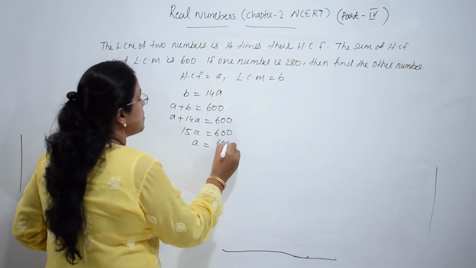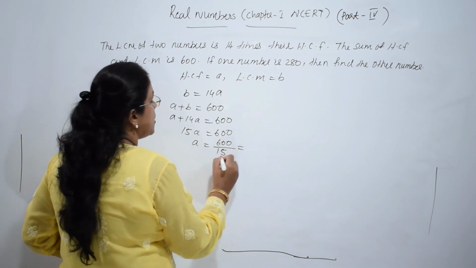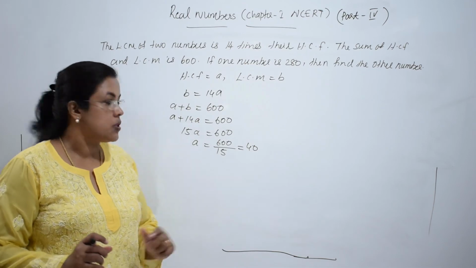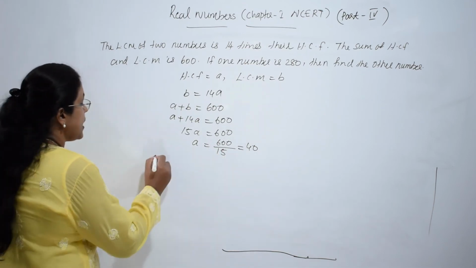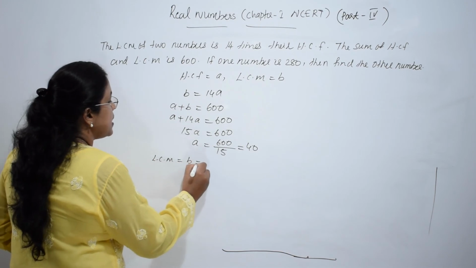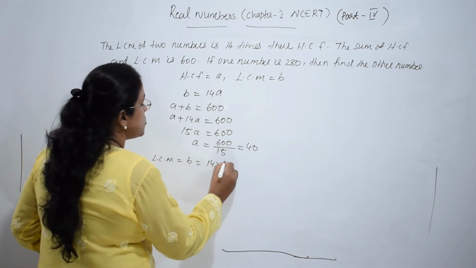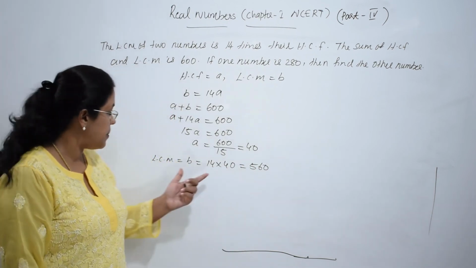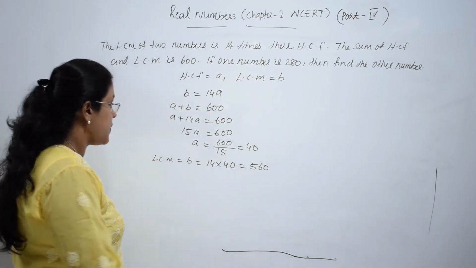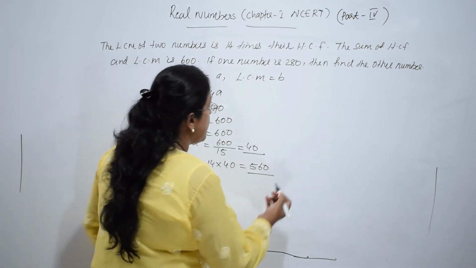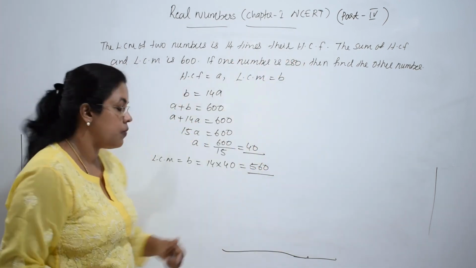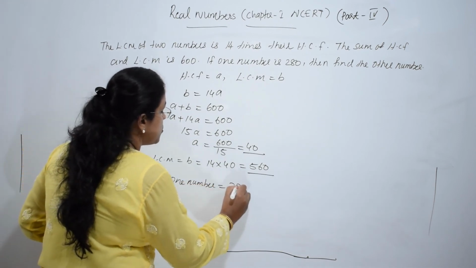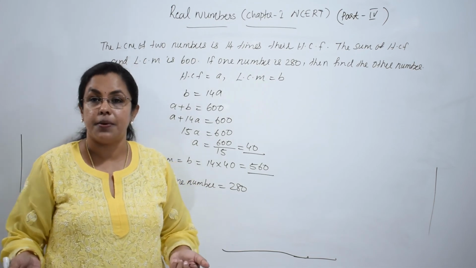That means A is equal to 600 upon 15. 15 fours are 60. That means HCF is equal to 40. Then what about LCM? LCM is equal to 14 into 40. 14 fours are 56, so LCM is equal to 560. We get HCF and LCM. One of the numbers we know is 280. We have to find the other number.